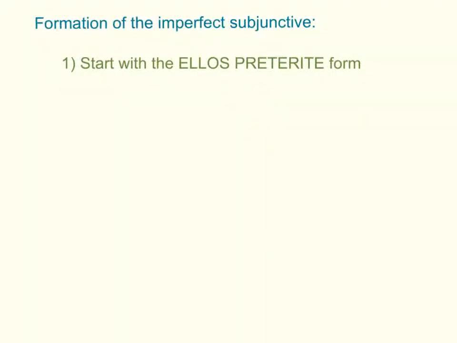So a quick review of the formation of the imperfect subjunctive as far as conjugations. First, you're going to begin with the ellos preterite form of the verb. So in the example that we just did, the verb hacer would be hicieron.